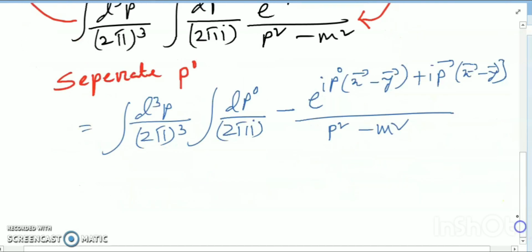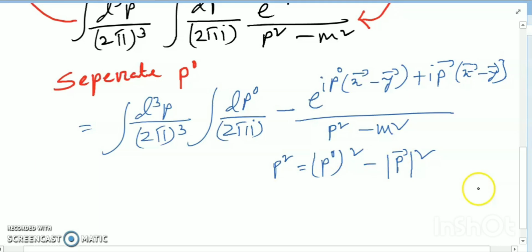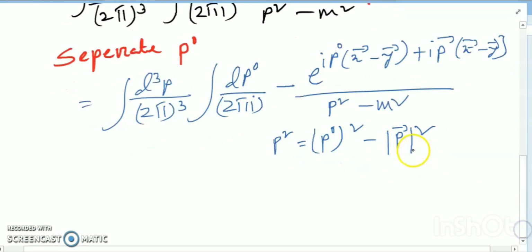Let me finish. Now you have to remember that p square can be written as p0 square minus norm of p square. This property I apply here, and this is m.